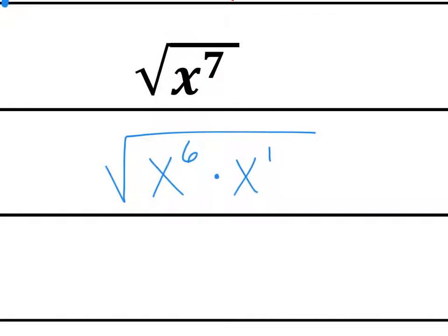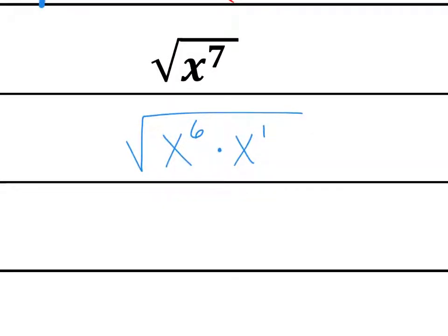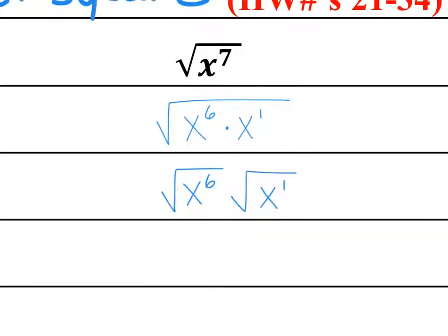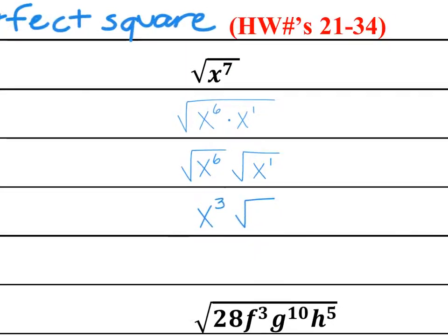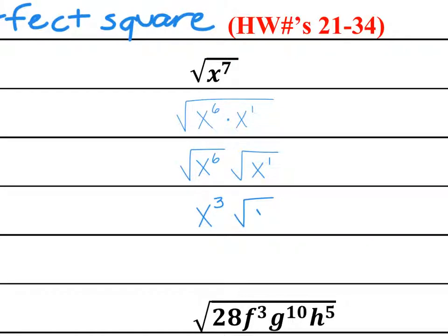And you can write that in separate square roots. What is the square root of x to the sixth? X to the third, because x to the third times x to the third, you add your exponents, gives you x to the sixth. So you leave the one that has an odd number in this square root.